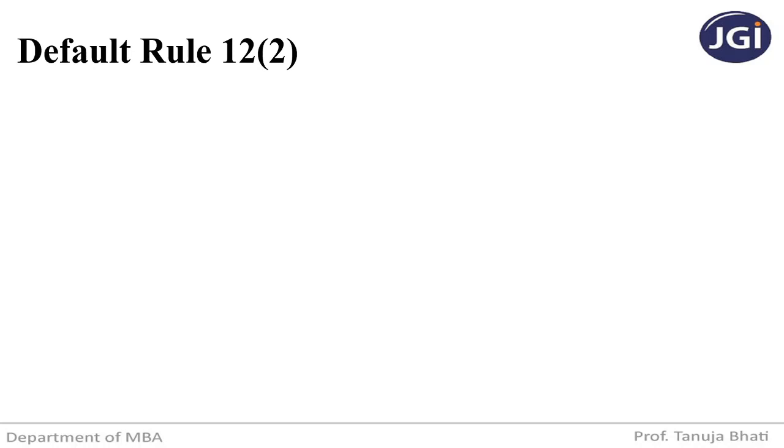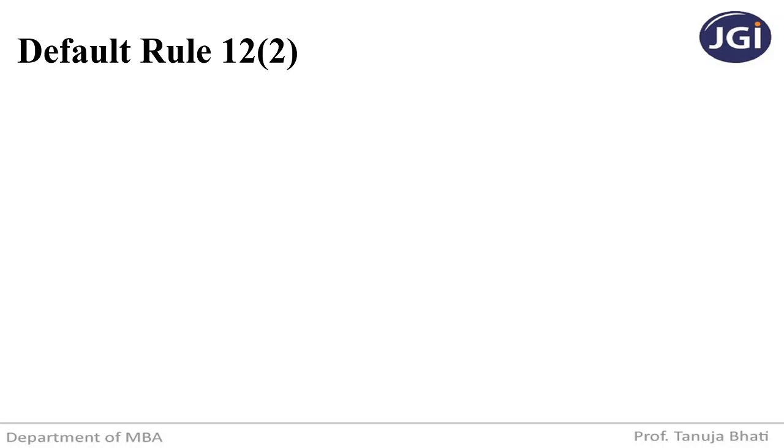The next one, the default rule, is under section 12 subsection 2. We had seen section 12 subsection 1, which says that section 12 has to be applied only when the service provider and the service receiver are both located in India. And we had begun with section 12 subsection 3. This section 12 subsection 2 is a default rule.